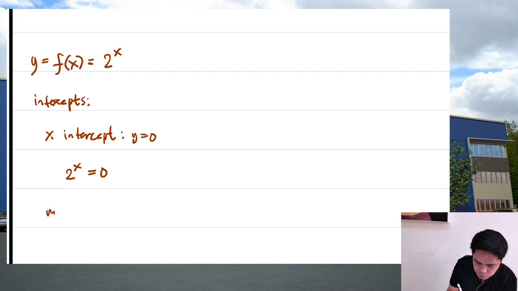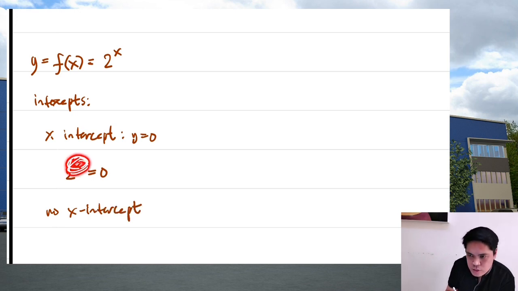So therefore, no x-intercept. Ibig kong sabihin, kahit anong ilagay mong value sa x, you cannot find a number or a value that will make this expression 0. Okay? So meaning there is no x-intercept.